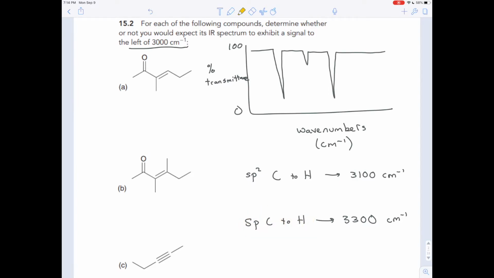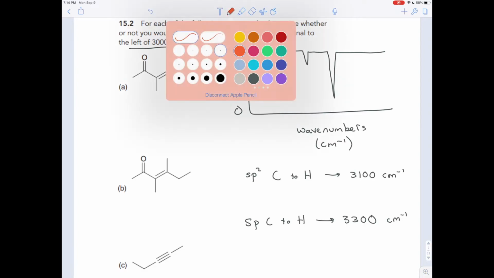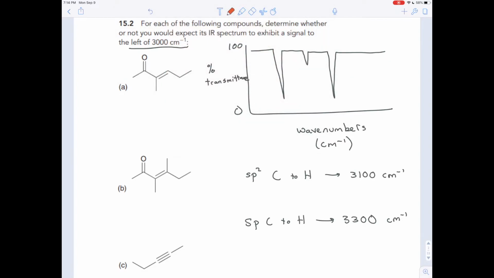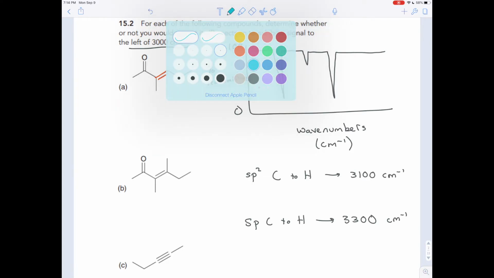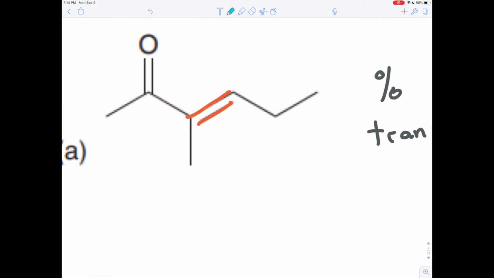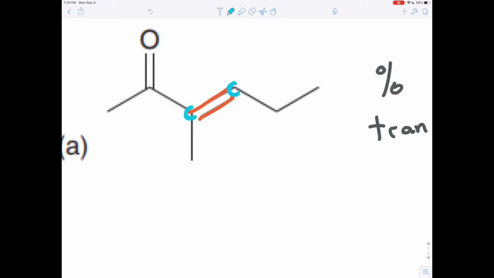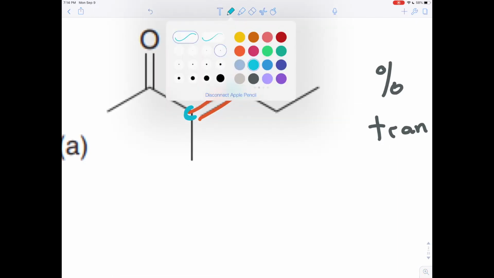So that's what we'd be looking for in each of these problems. So in here, you'd see this double bond right there. You have two carbons here. You have a carbon on the left here, and you have a carbon on the right there. That's another carbon.